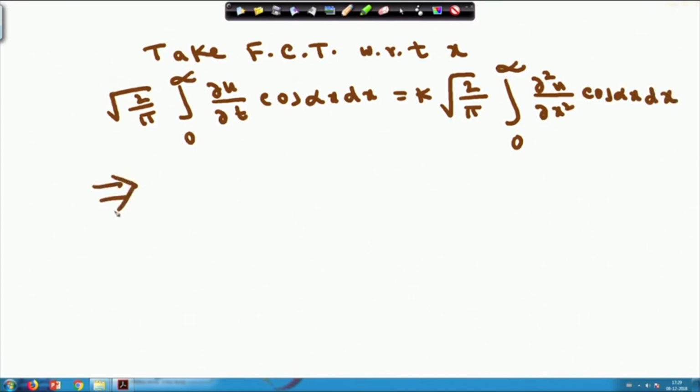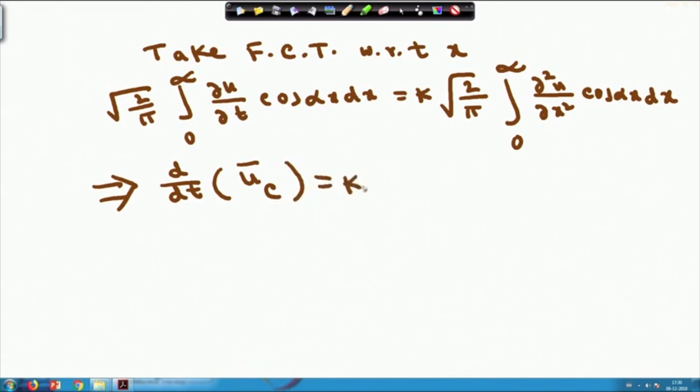What is this? I can bring this del t outside, that is, I can make it d dt. Then it will be root over 2 by pi integral 0 to infinity u into cos of alpha x dx, which is nothing but the Fourier cosine transform of u, which I am denoting as u bar c. So, the left hand side is d dt of u bar c.